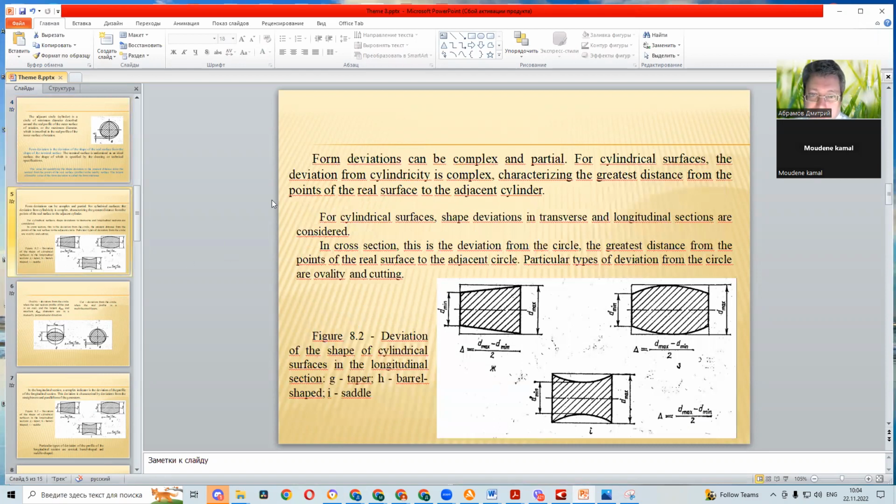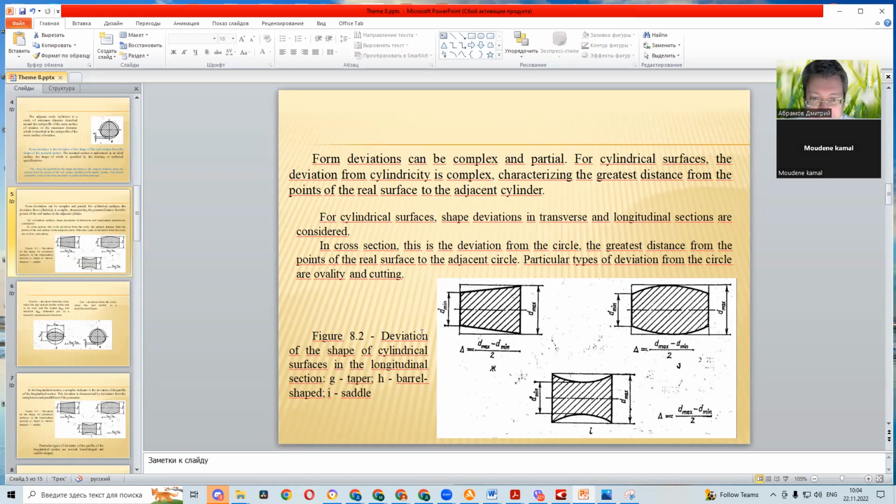Form deviations can be complex and partial. For cylindrical surfaces, the deviation from cylindricity is complex, characterizing the greatest distance from the points of the real surface to the adjacent cylinder. For cylindrical surfaces, shape deviations in transverse and longitudinal sections are considered.